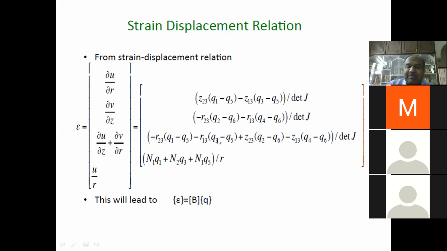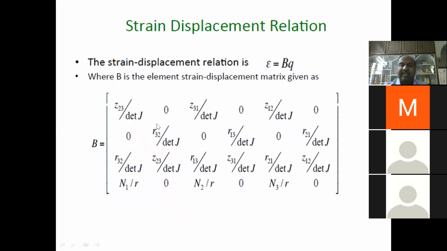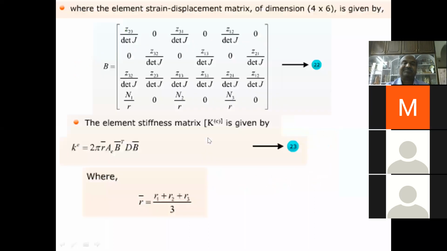So this you will get as epsilon. Then here you can separate your coefficients of z and r, and q separately, q1, q2, q6. So the B matrix you get, that you can see here. So epsilon is BQ, where Q is Q1, Q2, Q3, Q4, Q5, Q6. This is your B matrix.